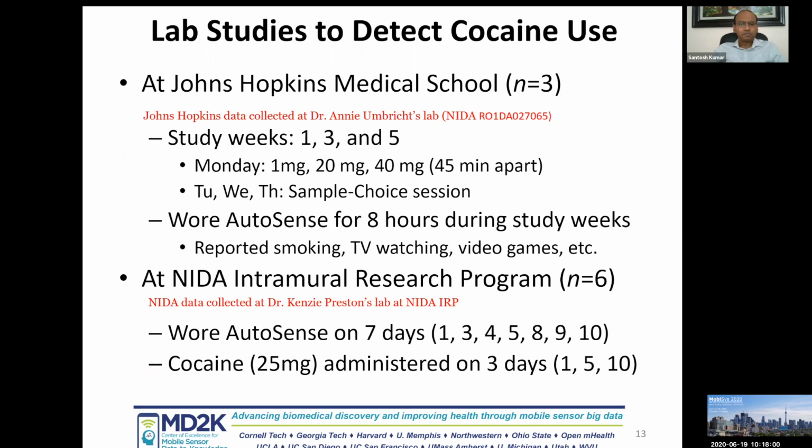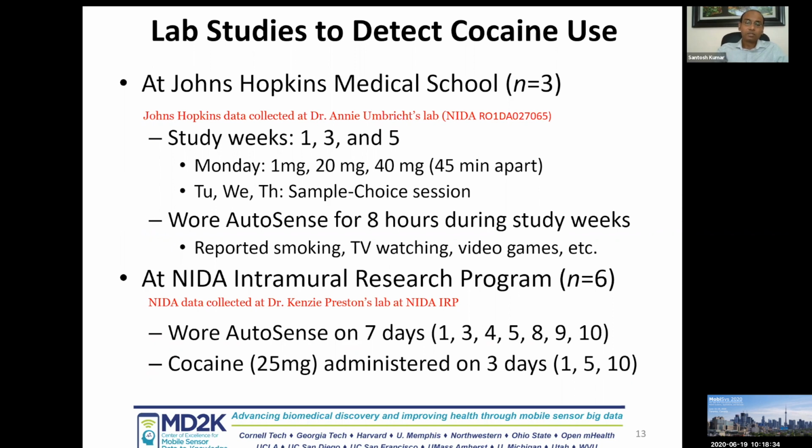We also had the participants keep wearing the sensors when they were doing regular activities, and we knew exactly when cocaine was administered, and when we could be certain that cocaine was not in their bloodstream. Then we repeated that experiment at the NIDA intramural research program as well. And so we had a wide variety of dosage administered.